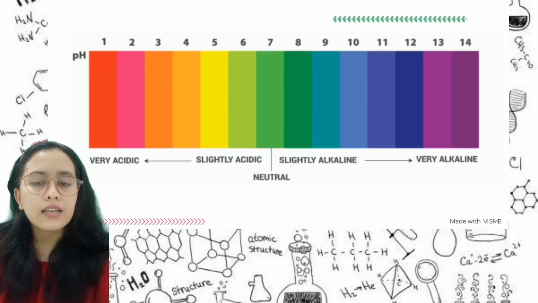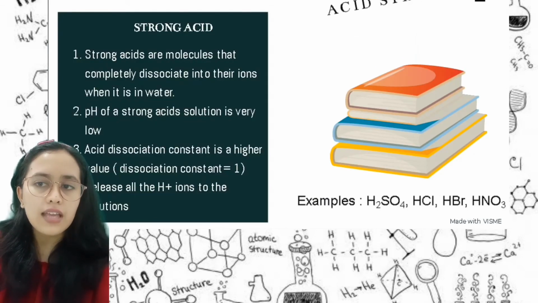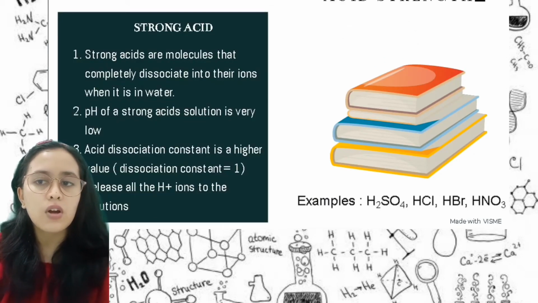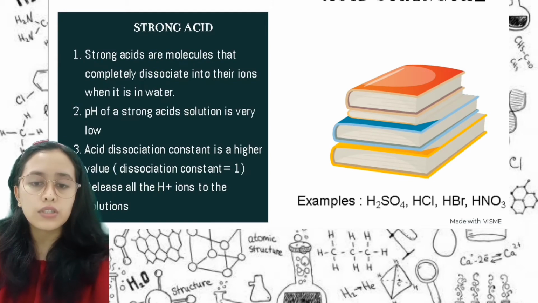Strong acid. The characteristics of a strong acid are, first, strong acids are molecules that completely dissociate into their ions when in water. Second, the pH of a strong acid solution is very low.